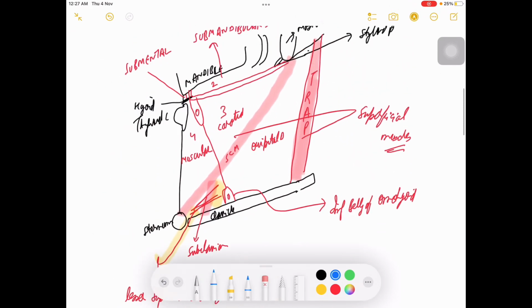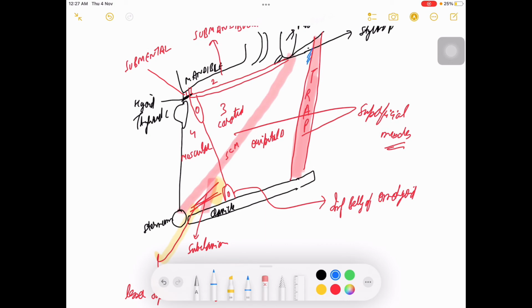So just see, posteriorly you have the anterior border of trapezius, anteriorly you have the posterior border of the sternocleidomastoid, inferiorly you have clavicle, superiorly an imaginary line joining trapezius with SCM, or the superior nuchal line in that area.